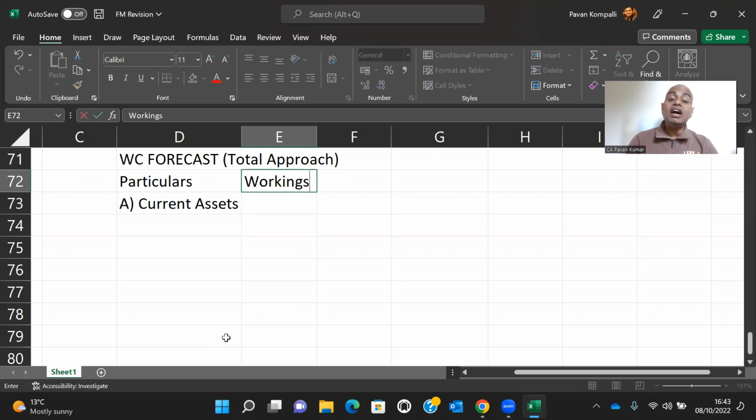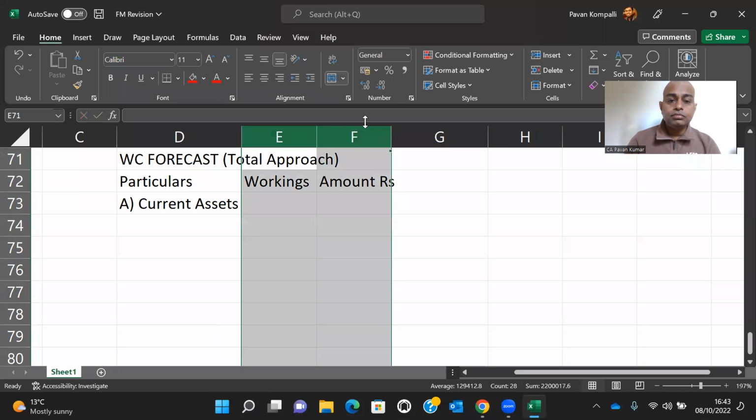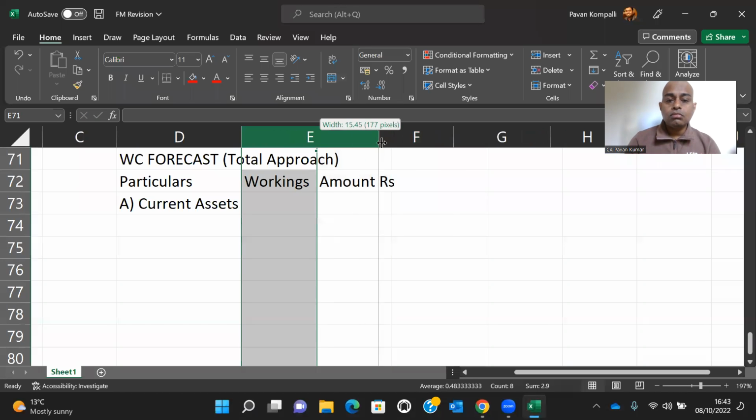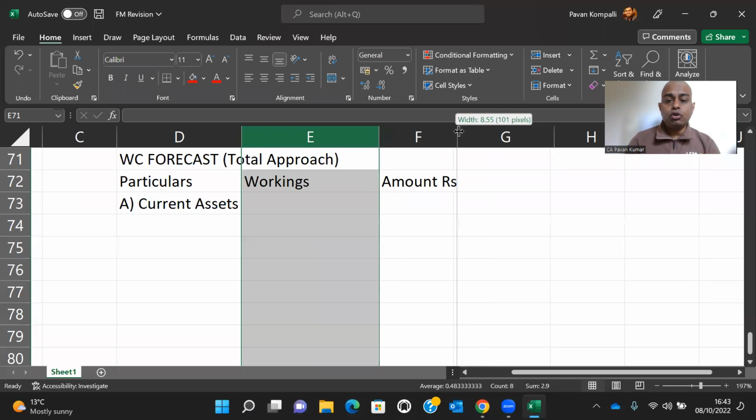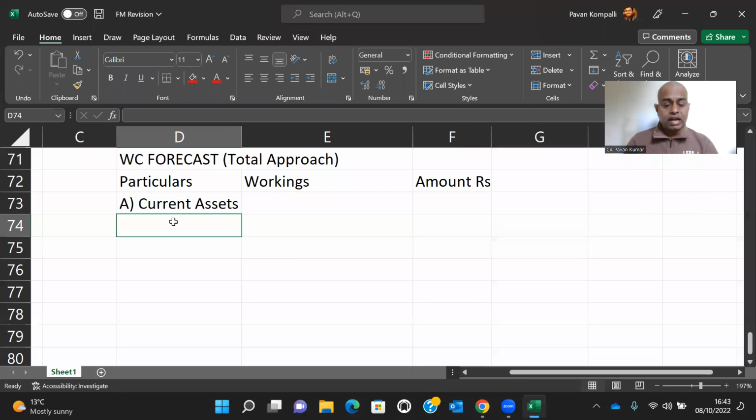You can write workings and amount in rupees. Particulars, workings, amount rupees. Under that, current assets. Under current assets, 1, raw materials.